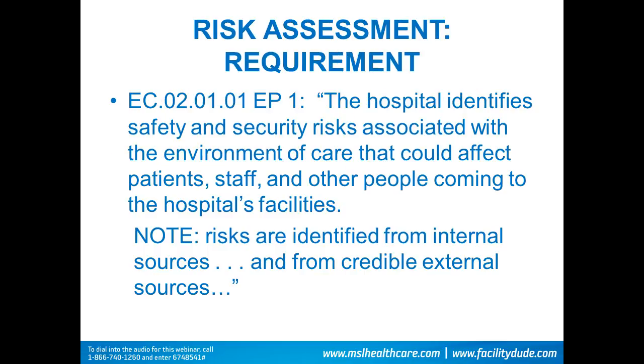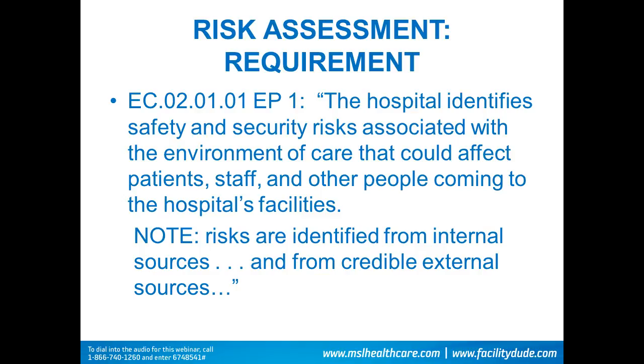So in EC.02.01.01 EP1, we have a requirement for risk assessment. And it's on your slide here. The hospital identifies safety and security risks associated with the environment of care that could affect patients, staff, and other people coming to the organization's facilities. And then there's a note along with that.